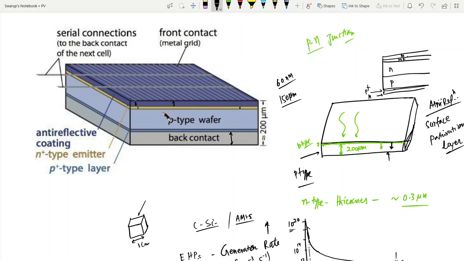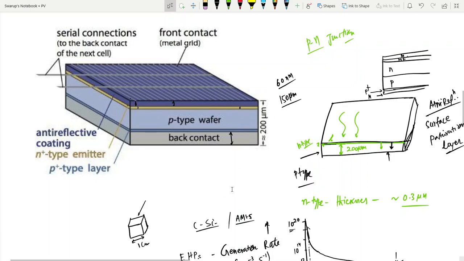But one more concept is there, as you can see here, that we are using an N plus type emitter. We have the N type layer, this 0.3 micron, here. But just below the metal we put on top, we dope the semiconductor as N plus type.